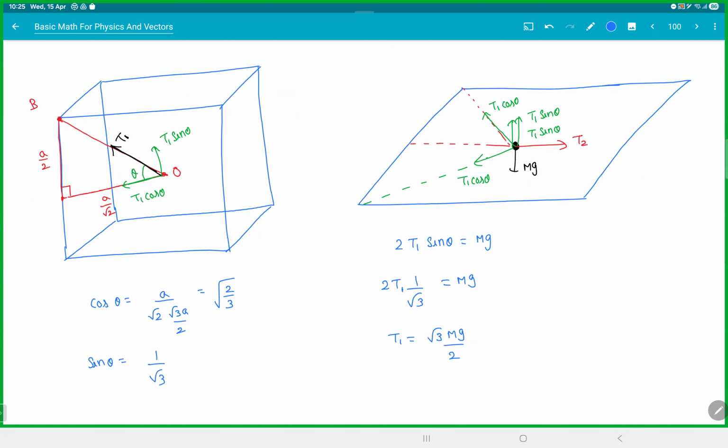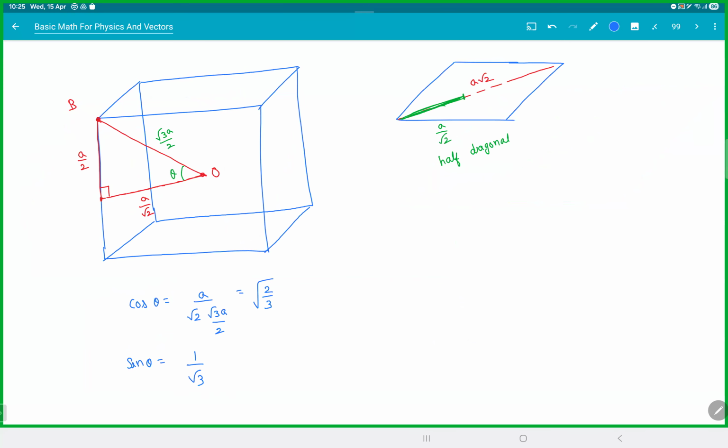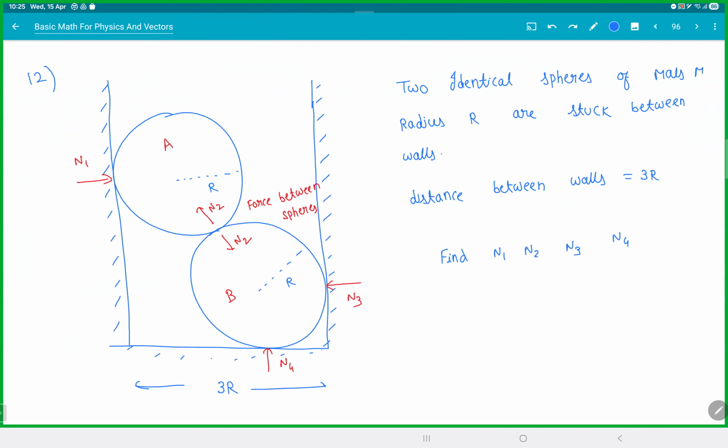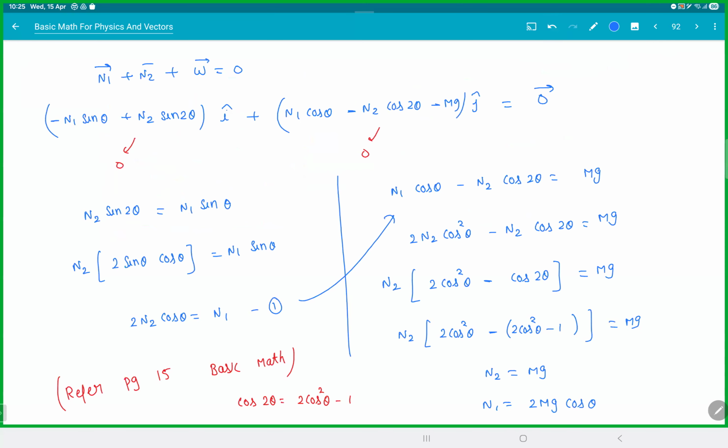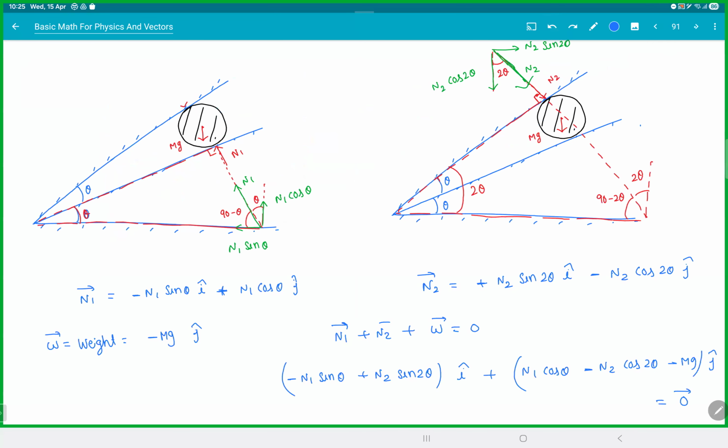So step 1, get the angles. If you observe, in all the questions this is a common theme. We have to get the angle. And how do you get an angle? Look at the question, you'll see something. The forces are at an angle, right? They're not horizontal, they're not vertical, they're at an angle. Here also, the force N2 is at an angle. But previously I used to give you angles, now I suddenly stopped giving angles.